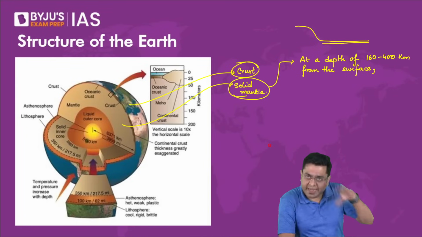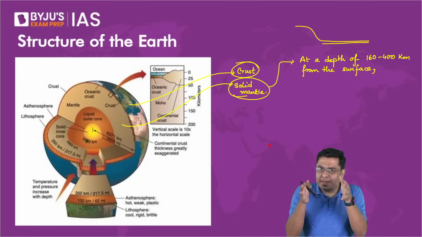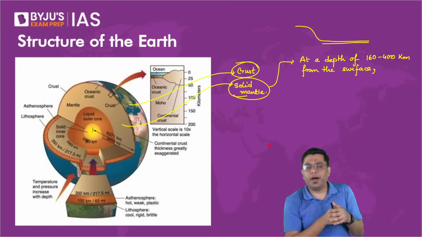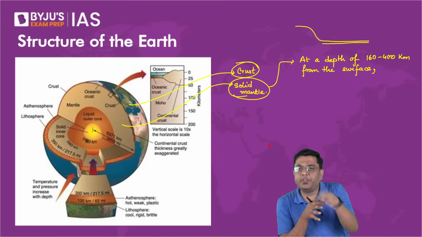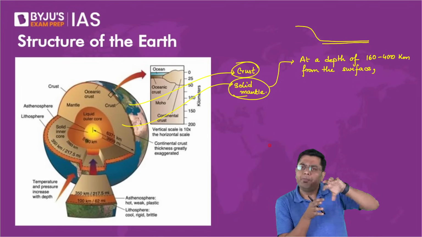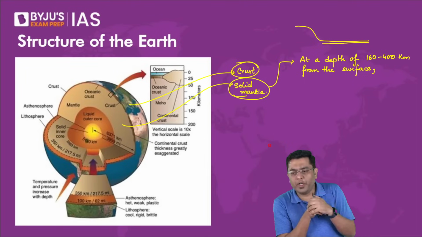Now, any point of time when there is a significant chunk of the outer core consisting of iron and nickel that slightly shifts from one location to another, or when the dominance of iron and nickel suddenly increases in another portion of the outer core, the magnetic poles undergo a change, they undergo a shift.